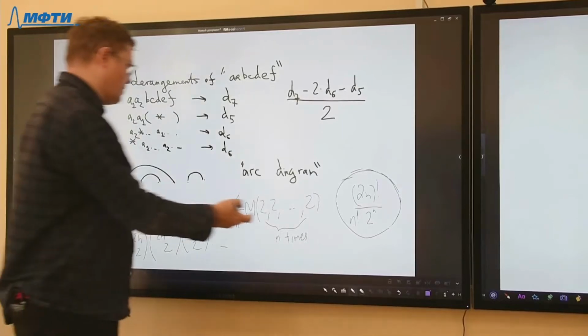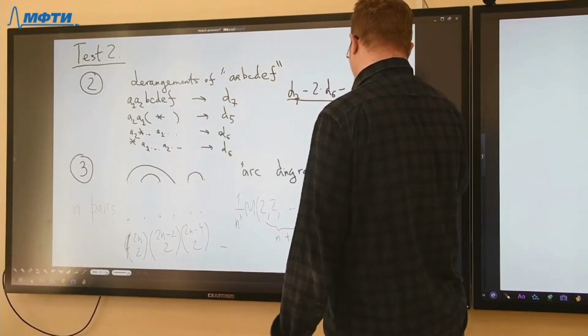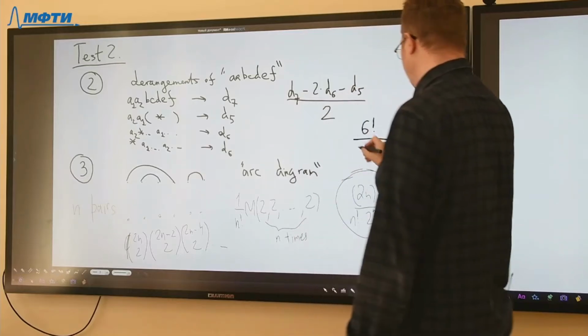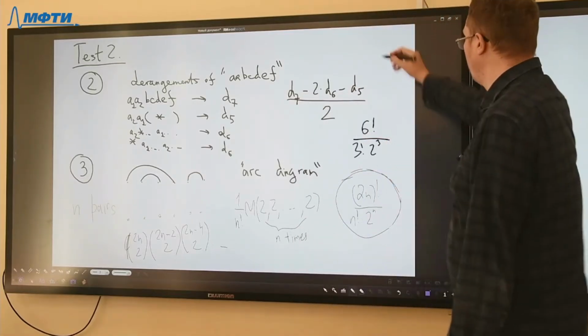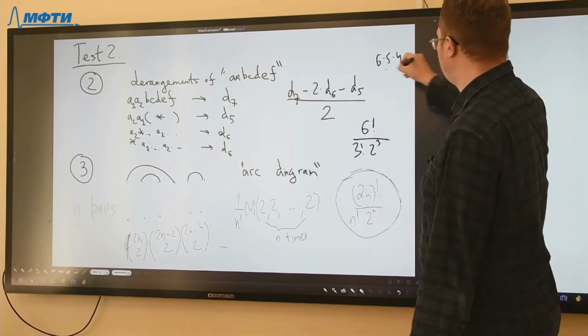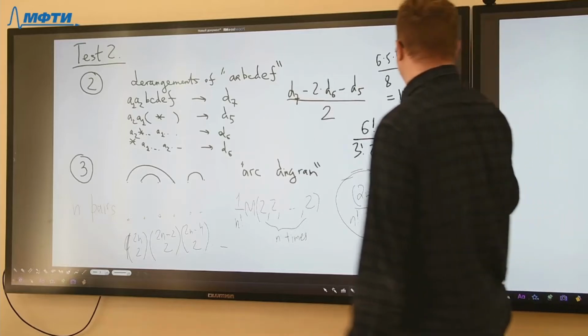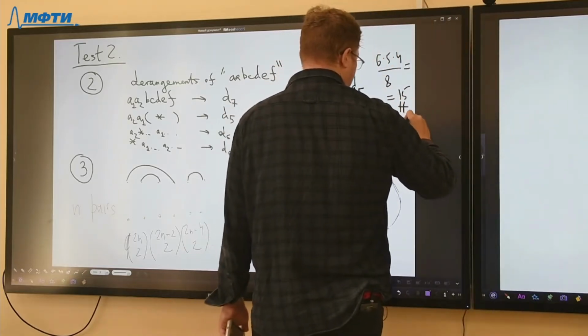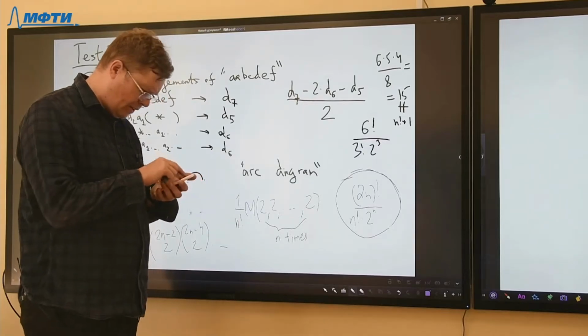So let's calculate. So for n equal to 3, this will be 6 times 4 over 8. This will be 15, and 15 is not n factorial plus 1.